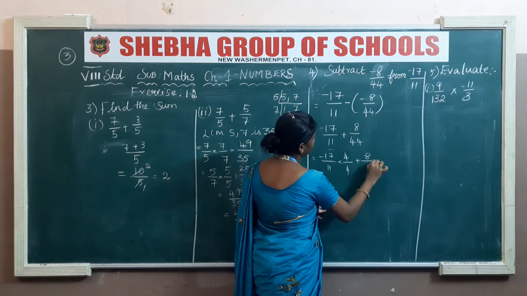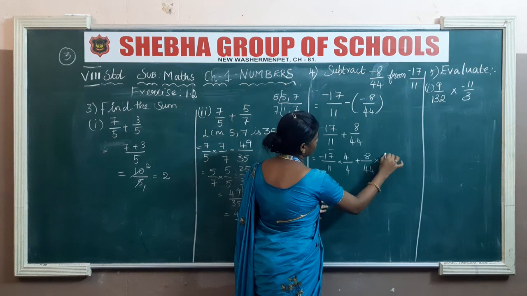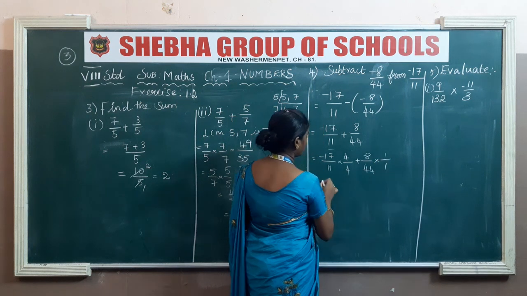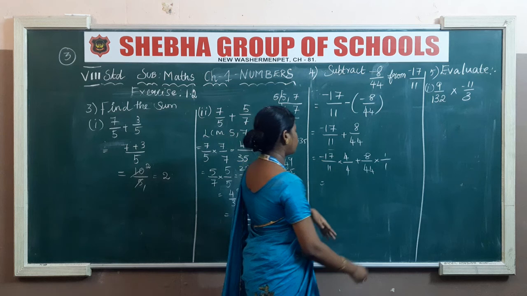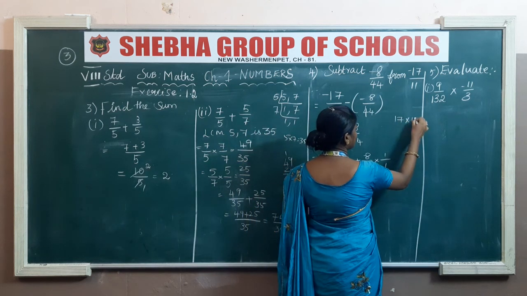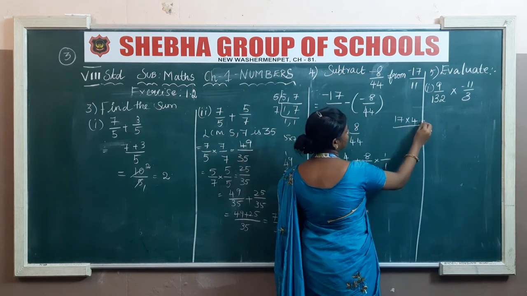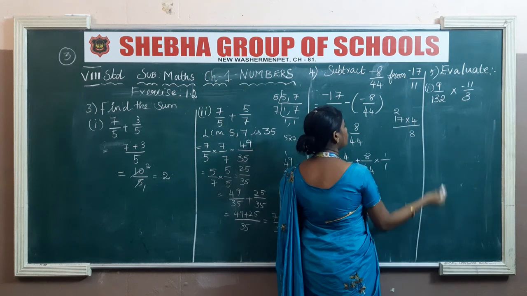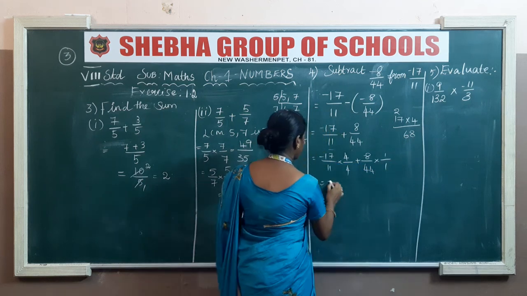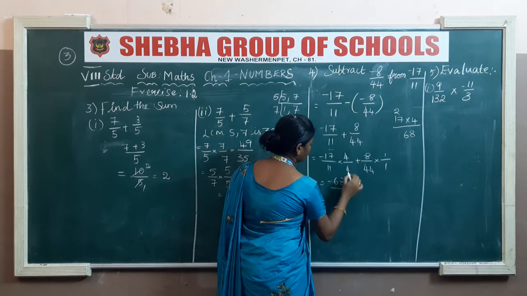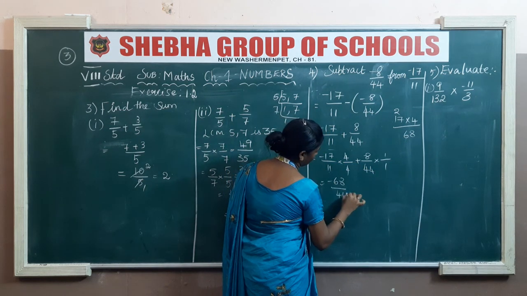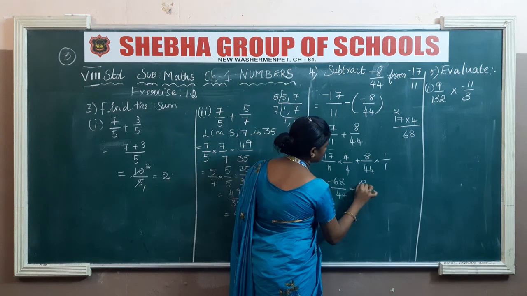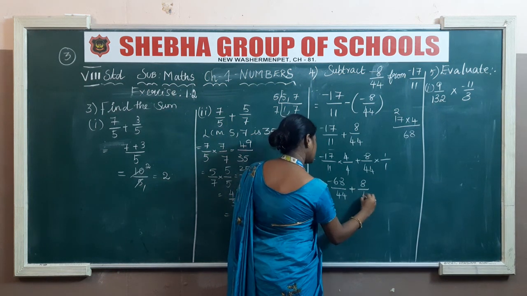Plus 8 by 44 into 1 by 1. Minus 17 into 4: 4 sevens are 28, 4 ones are 4, 4 plus 2 is 6. So minus 68 by 44, plus 8 ones are 8, 44 into 1 is 44.